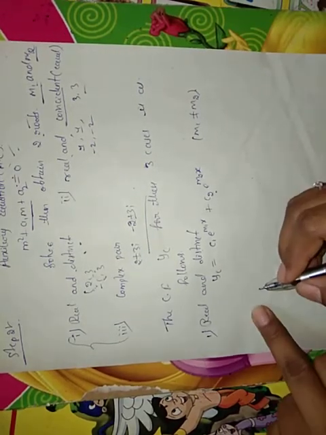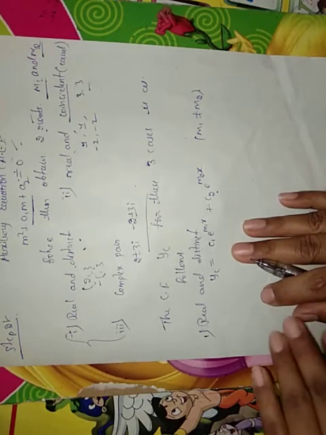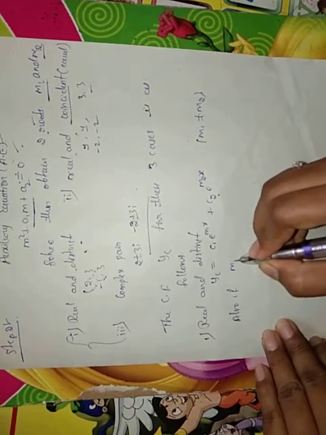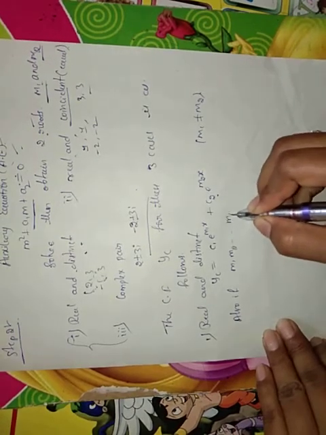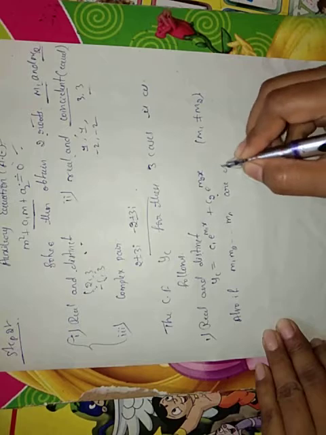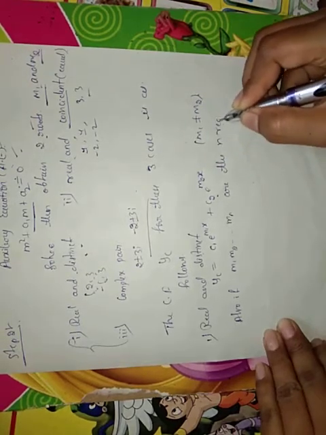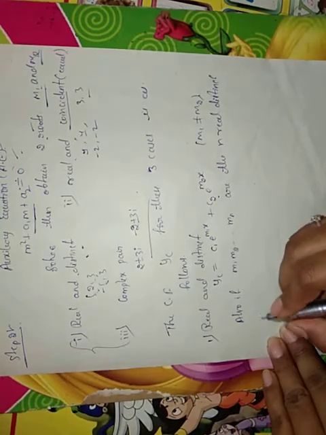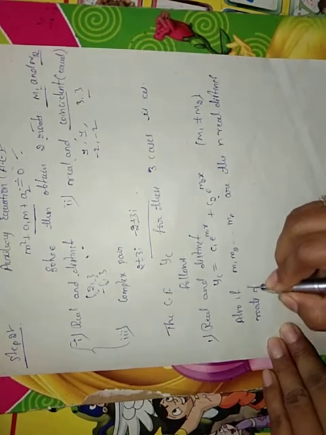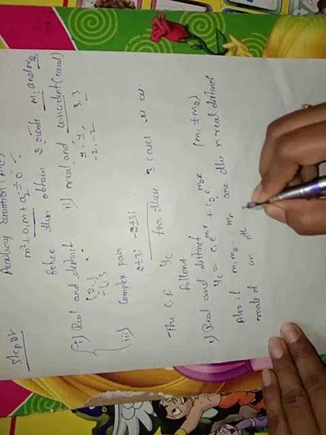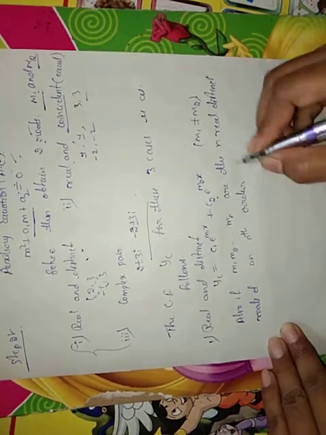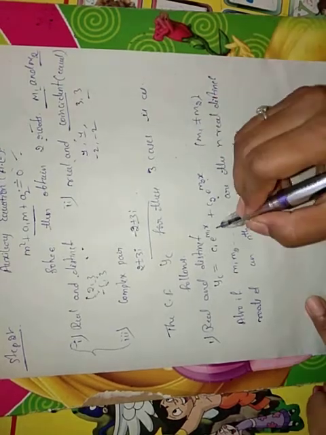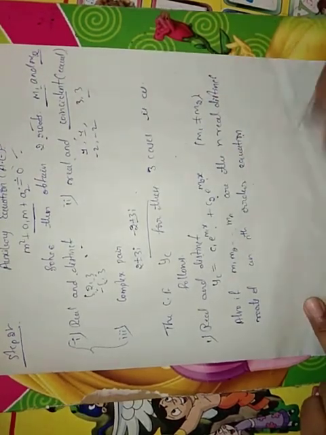This formula is also generally written like this: if m1, m2, and so on up to mn are the n real distinct roots of an nth order equation, if it is second order you will get 2 roots, and if it is nth order there will be n roots.